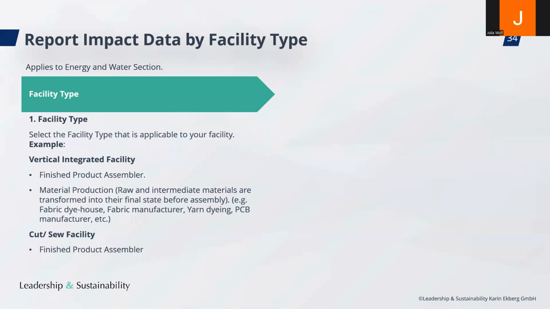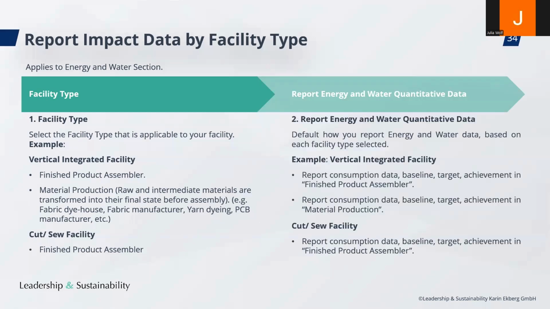So in this case, for example, if you have selected that you are a finished product assembler and that you have material production, then you can report these data for energy and for water separately. So there will be a question, are you able to report depending on your facility type, and then you can do that. So you should then report both for finished product assembler and for material production.